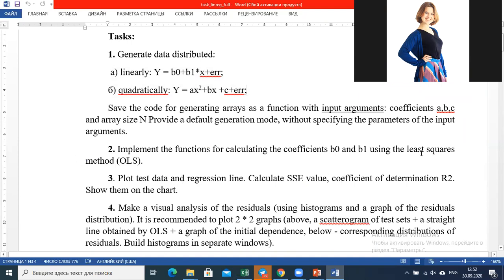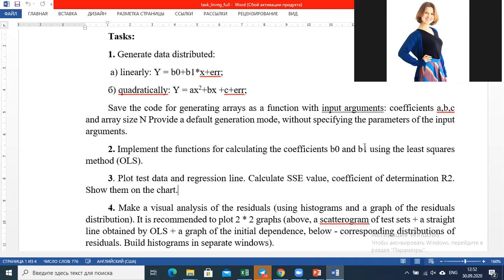And only here in the second part, we are using the least squares method to calculate B0 and B1. We just calculate coefficients. Of course, these coefficients are calculated in order to decrease the error, to minimize the error. But it's like an optimization problem. It's not about the linear regression aim.